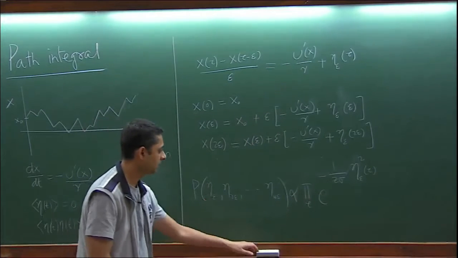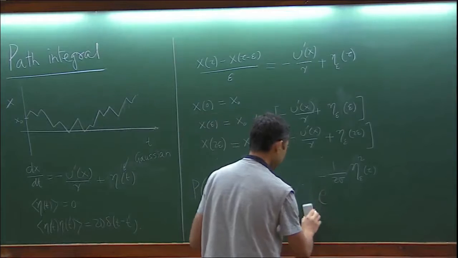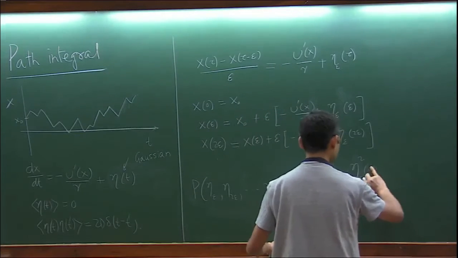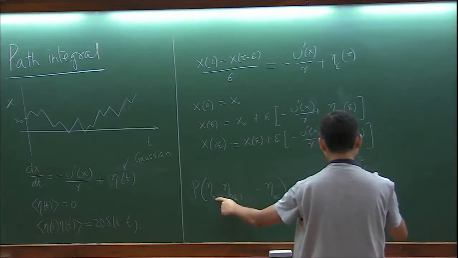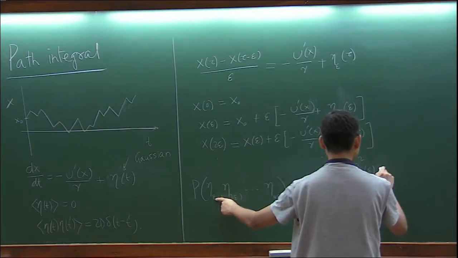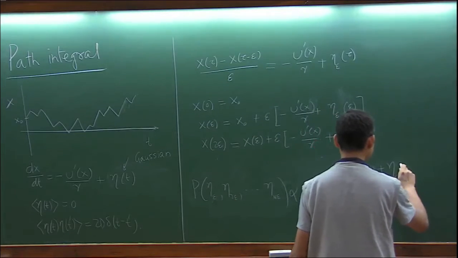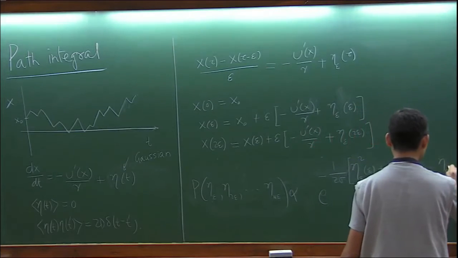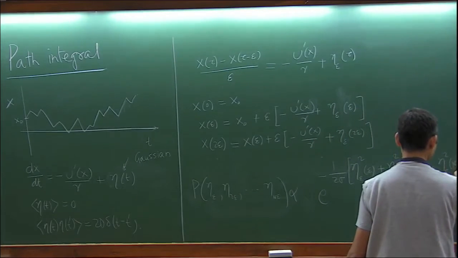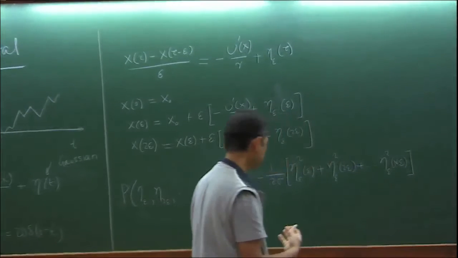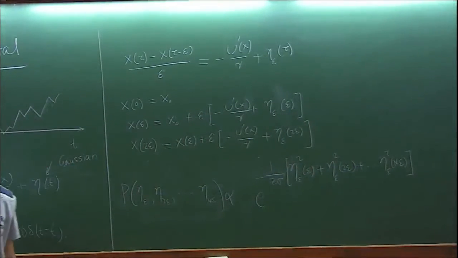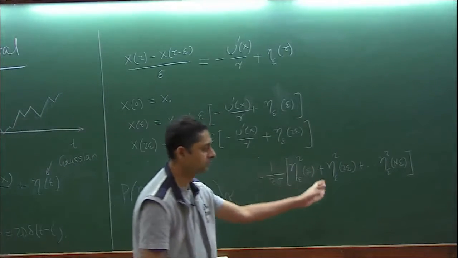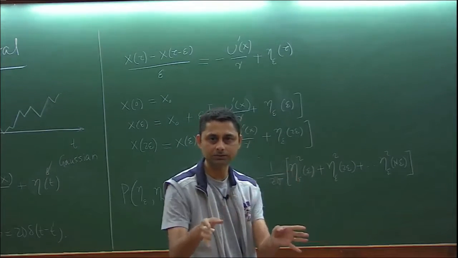So it will be eta epsilon at epsilon plus eta epsilon at 2 epsilon plus and so on. Because these are independent, the distribution is just the product.